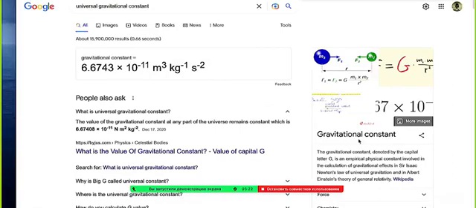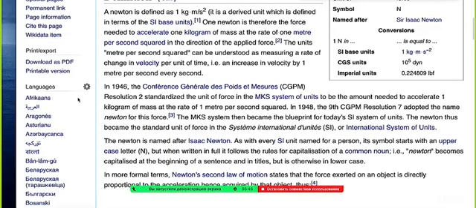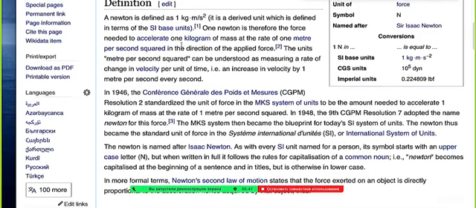What is 1 Newton? It's a force, right? Yes, it's a force which can give a mass of 1 kilogram an acceleration of 1 meter per second squared.